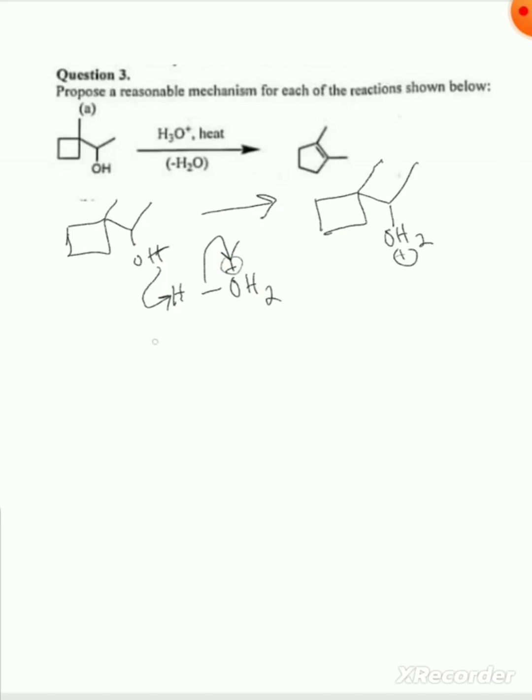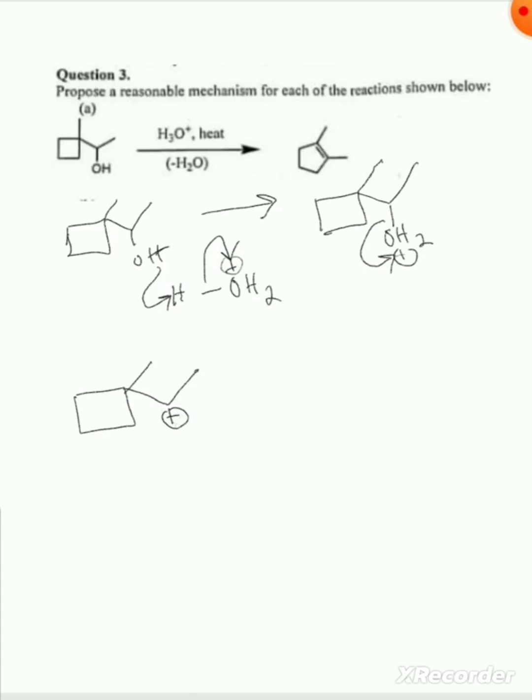Now this guy will leave on its own, as a good leaving group, and you're going to have something like this. Then here you're going to have a positive charge, because it has lost a bond. This one has gone, and you're going to have a carbocation.